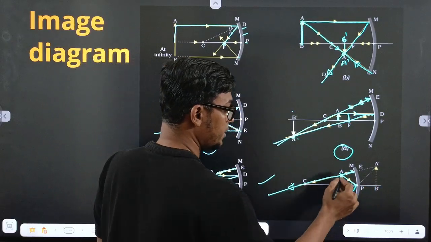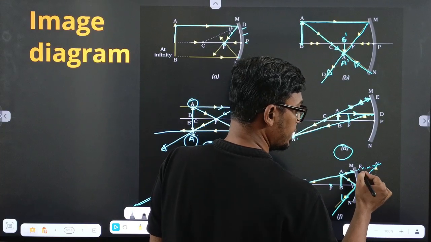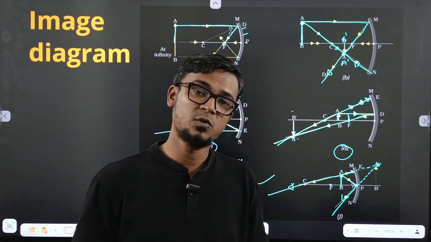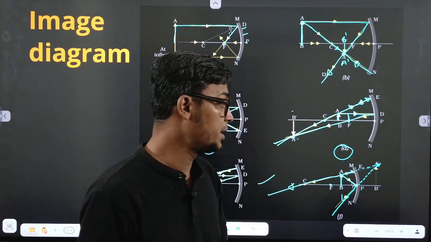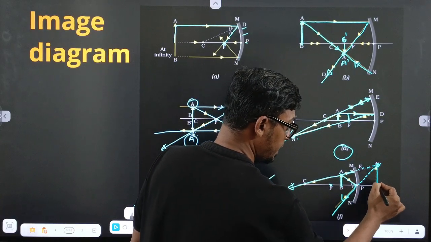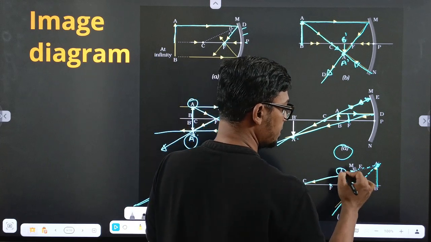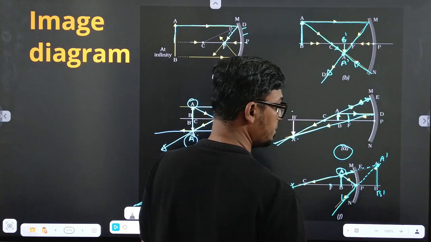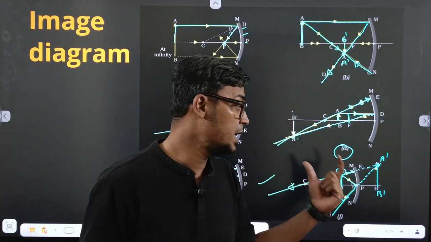But if you make a dotted line from these two rays, you get an intersection point which seems to be behind the mirror. So the image of the object AB will form in this position, this is A dash and this is B dash, and this image is definitely a virtual image.